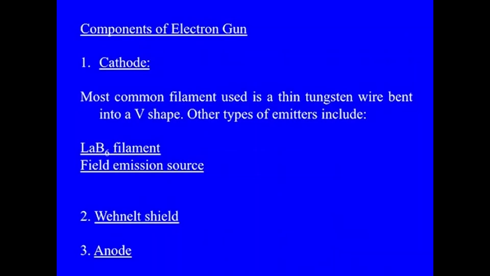So, electrons from the cathode collect in an intense cloud of electrons at this particular aperture. Wehnelt shield is connected to high voltage and to filament heating voltage by resistors. Then there is the anode which directs the beam of electrons.